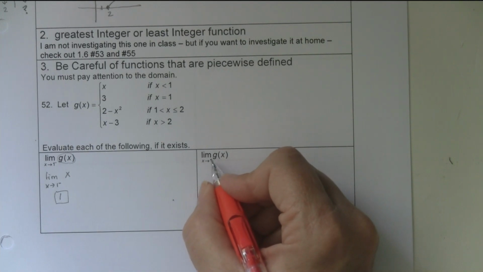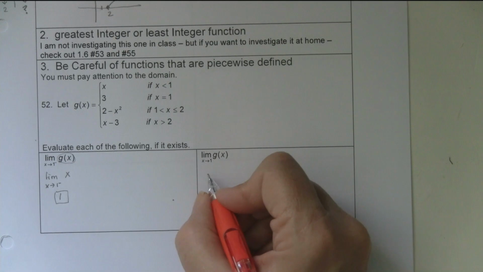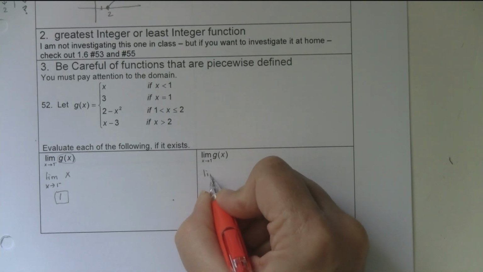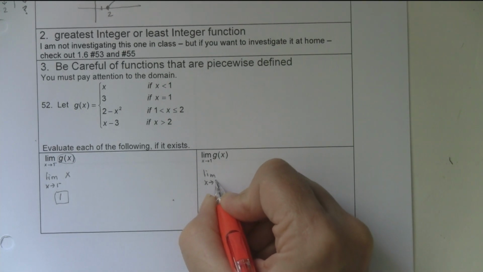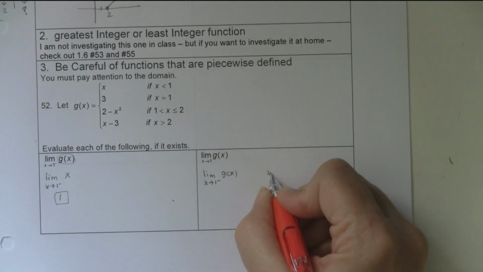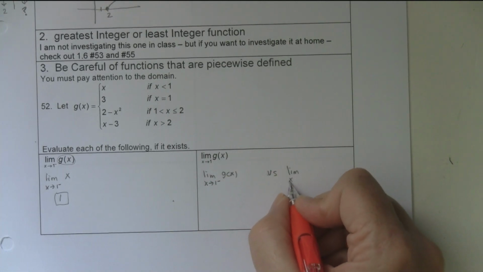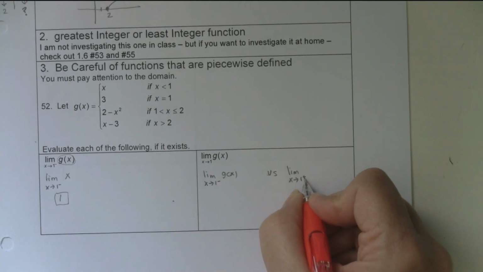This one, on the other hand, is asking me to compare the limit as x goes to 1 from a little bit smaller than 1 versus the limit, because it says from both sides, as x goes to 1 from a little bit bigger than 1.